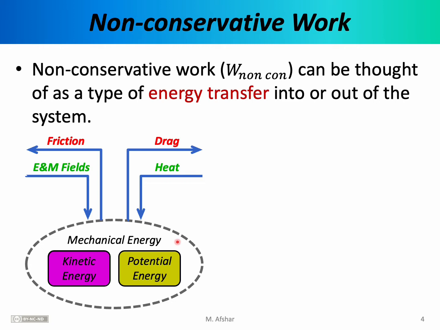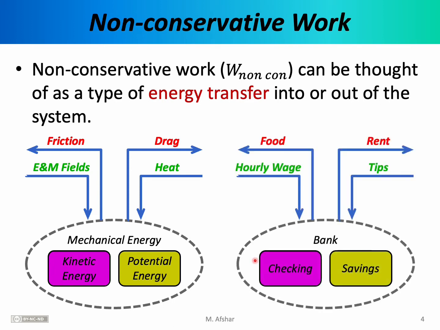Regardless of what the non-conservative forces are, it's useful to have this picture in mind because it helps you manage or account for the input and output of energy that the system is experiencing. This picture is a lot like how you might manage your own finances. For example, you might have a bank account with some amount of money in it. That money might be split between your checking account and your savings account. And then, of course, you have certain incomes and expenditures.